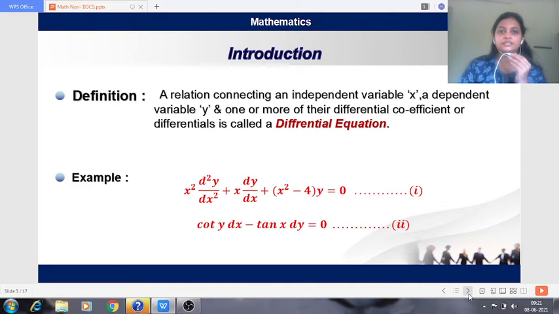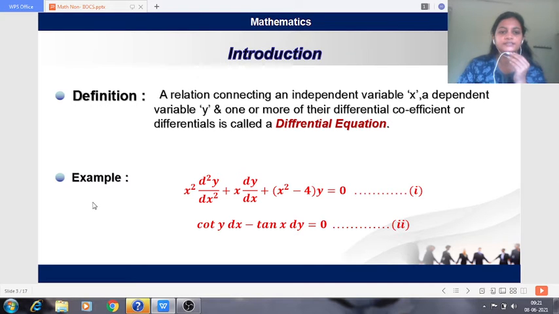A differential equation is an equation which contains an independent variable, a dependent variable, and one or more of their differentials. That is, a relation connecting an independent variable x, a dependent variable y, and one or more of their differential coefficients or differentials is called a differential equation.